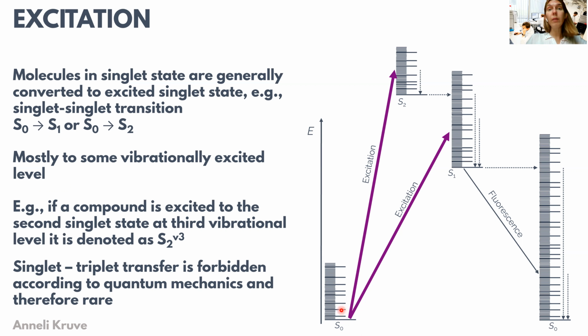When these molecules are exposed to a light source, especially an intensive one, the compounds can absorb light and become excited. The electrons are brought up to a higher energy level, and mostly the excitation occurs to the singlet excitation levels, either S1, the first excited level, or S2, the second one.